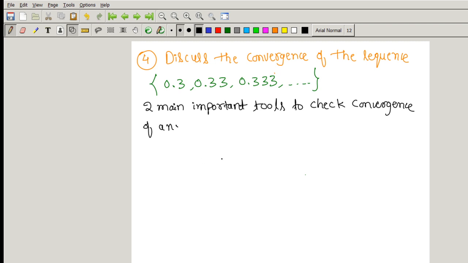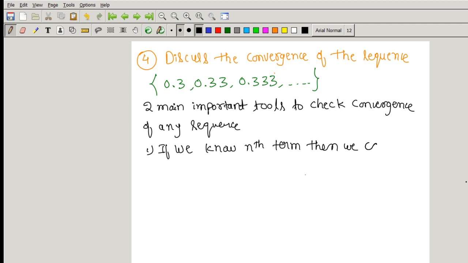First, if we know the nth term, then we can directly take the limit of that nth term as n tends to infinity.